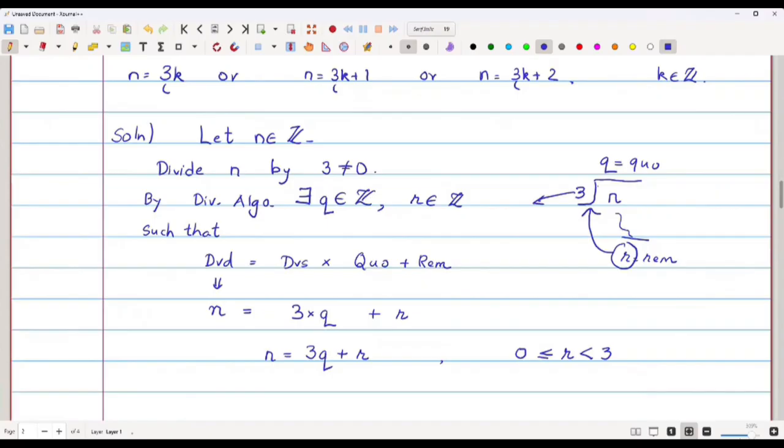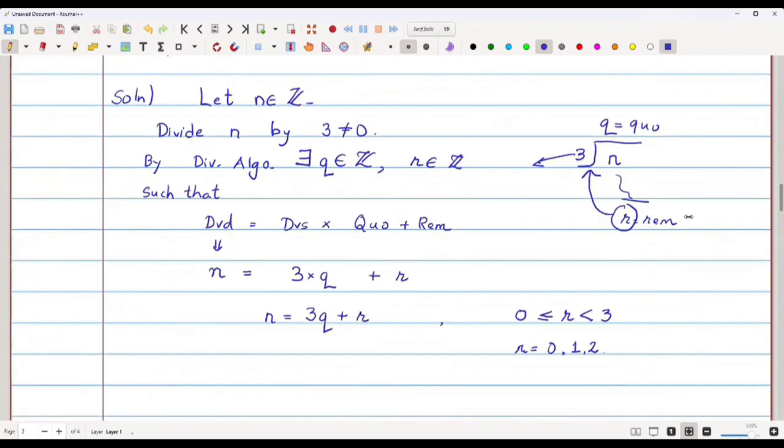So the remainder is greater than or equal to 0 and strictly less than 3. So what are the choices of r? What integer can you think of which is greater than or equal to 0 and less than 3? So remainder can be 0, remainder can be 1, remainder can be 2. Remainder cannot be 3 because remainder has to be less than 3, right?